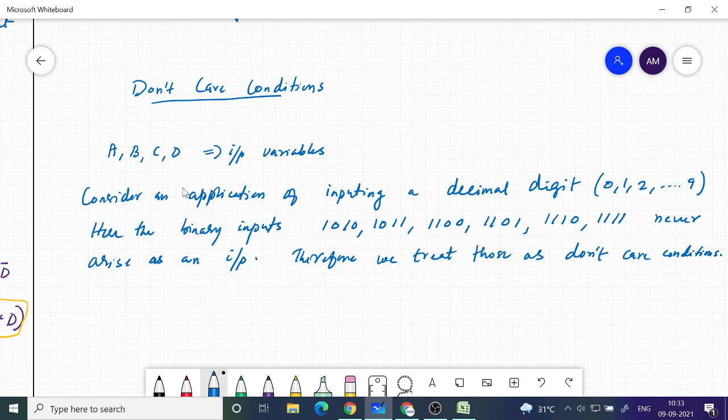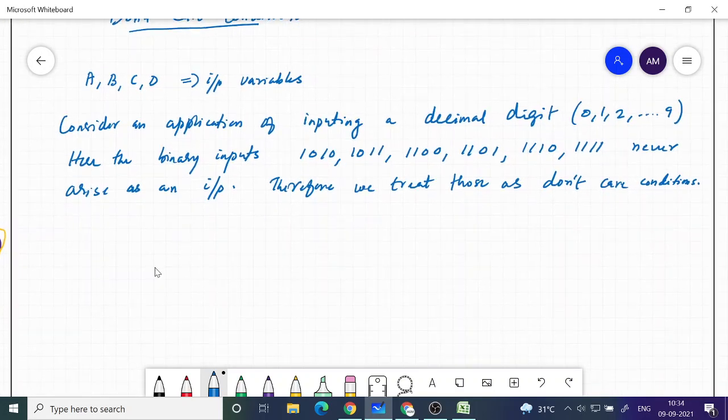All other combinations arise depending upon whatever decimal digit you are specifying, but these combinations never arise. So if you have a digital system which takes this 4-bit ABCD input and gives you a boolean function, f of A, B, C, D.